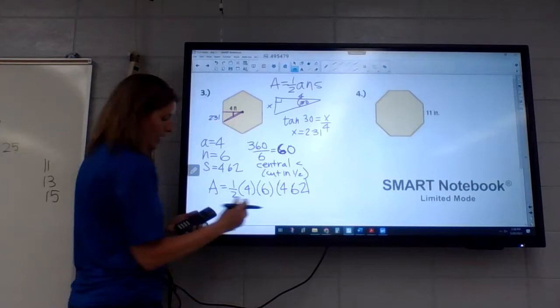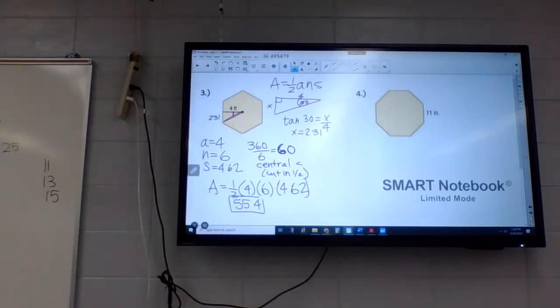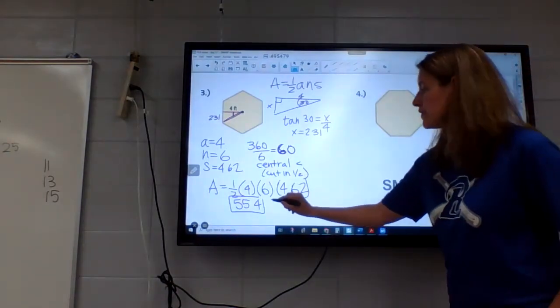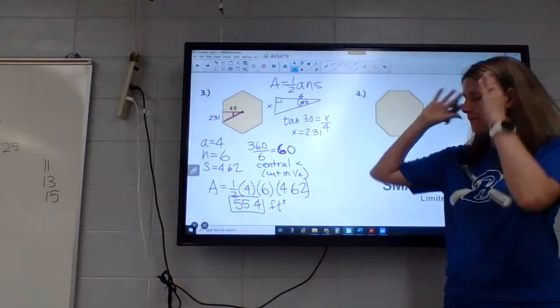And I got like 55.4. And this should be feet squared. There's a unit on that.